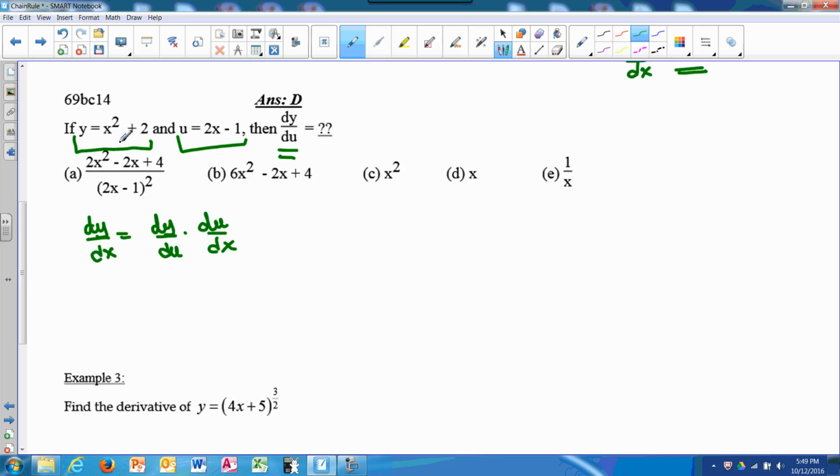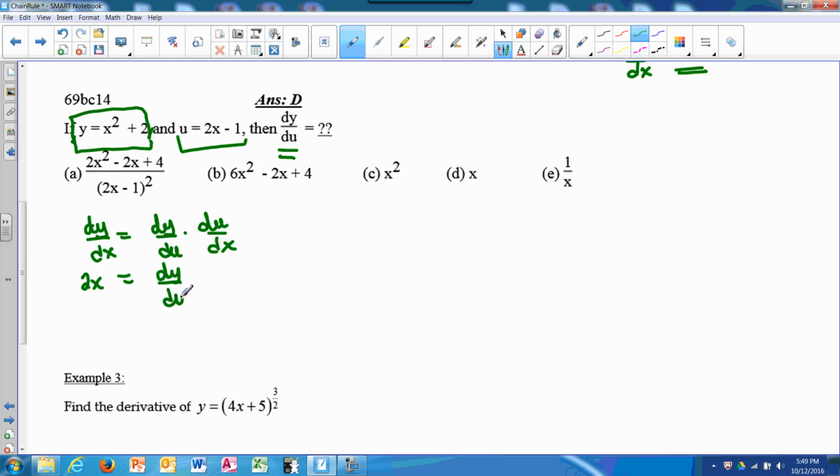So they're wanting me to recognize that I could split that apart or think of it as the chain rule. So now, for this, I can literally take the derivative of y in terms of x for this piece. That means the derivative of y in terms of x would be just 2x.